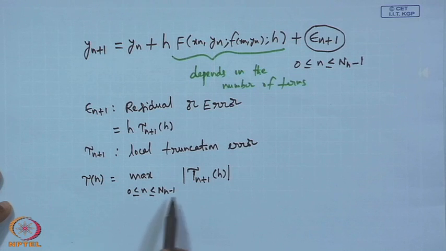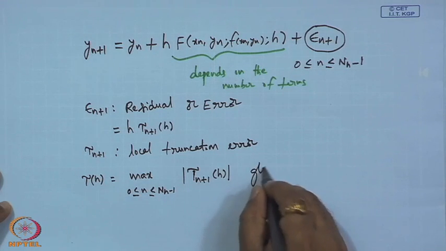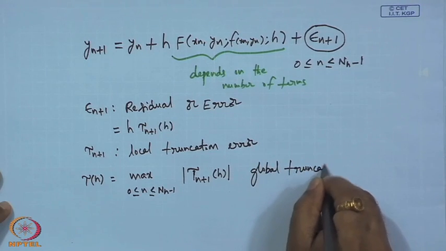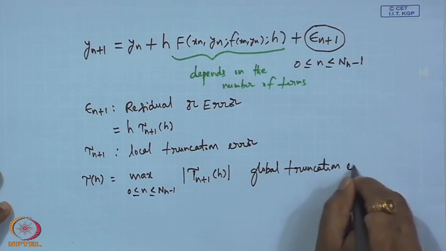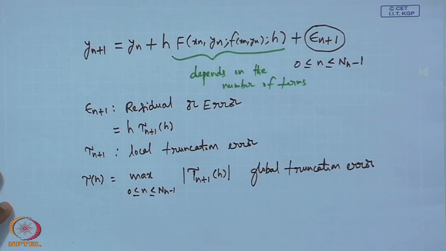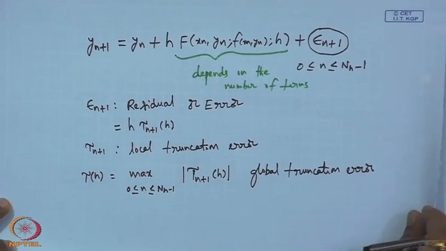So now we take the maximum and call it tau. So this is the global truncation error. Okay. So now typically what kind of structure would f have?